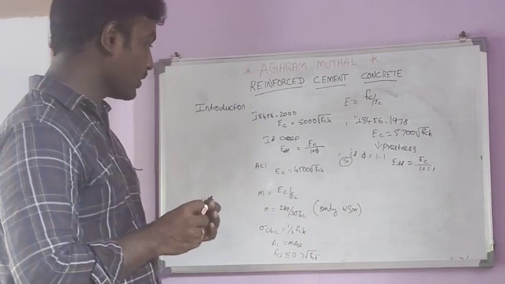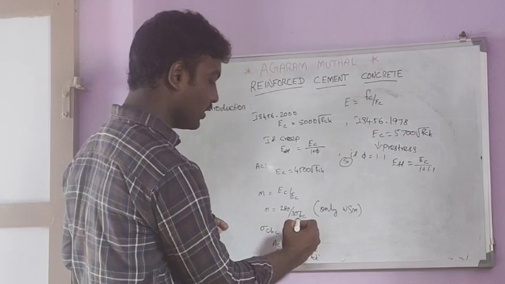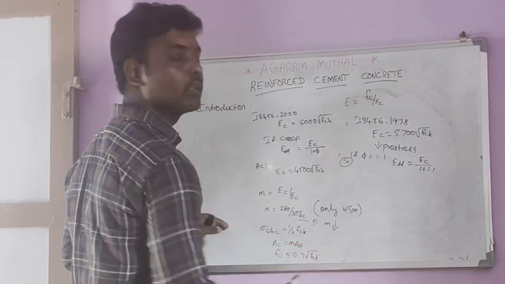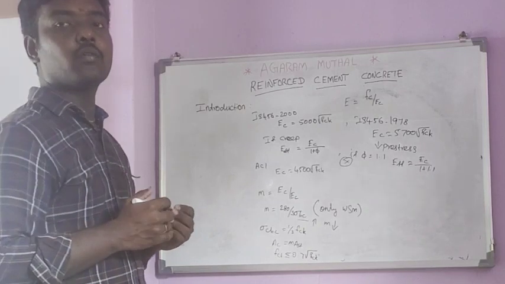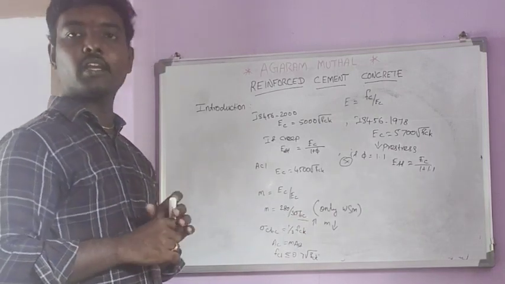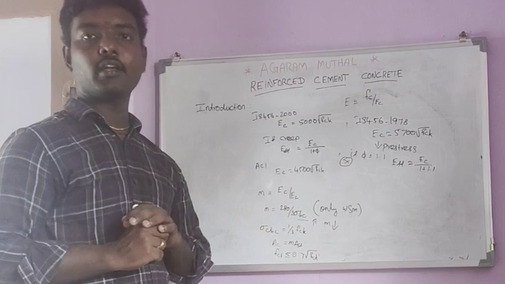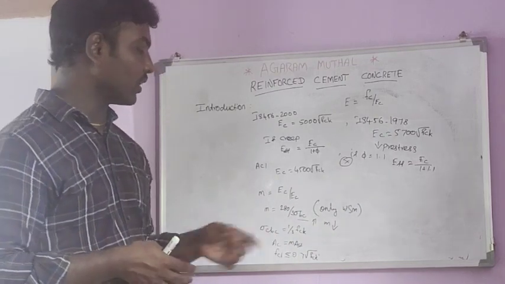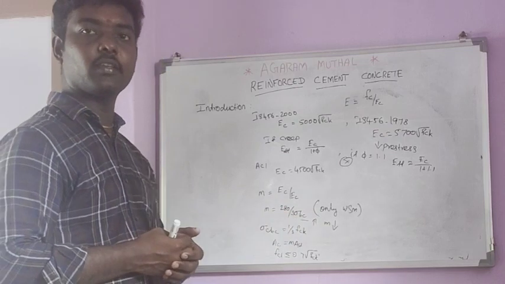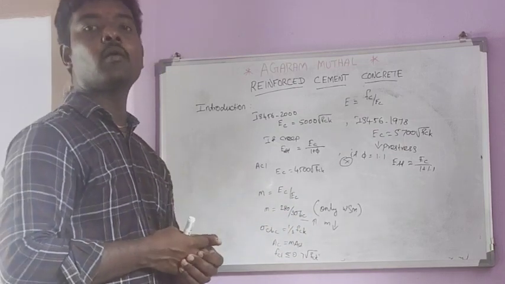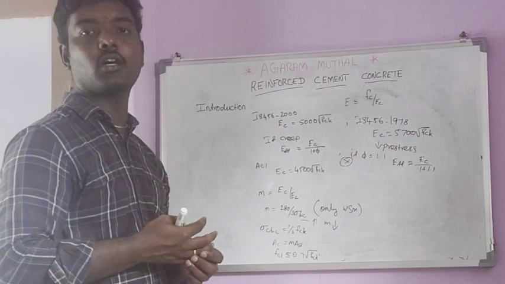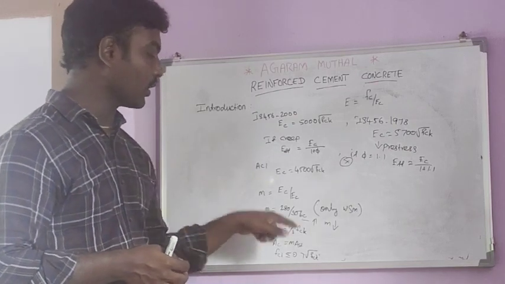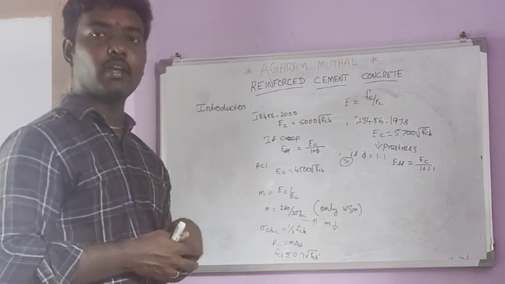So I already mentioned that if the grade increases, the modular ratio goes down. Here sigma cbc is the maximum permissible compressive stress of concrete in the compression zone, calculated from one third of fck.